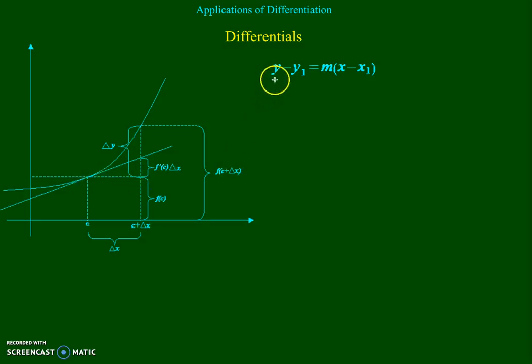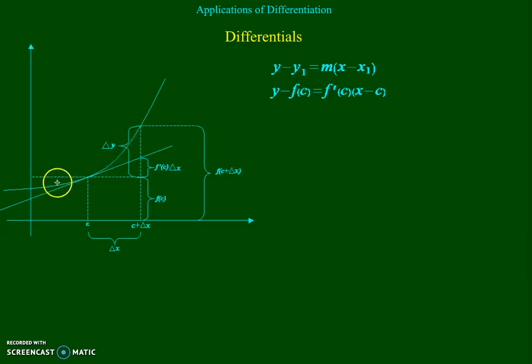We start out with the point-slope form of a line to generate our tangent line approximation to this function. Our first y value is the function f evaluated at point c. And then we need the slope of this tangent line, and the first derivative gives us the slope.